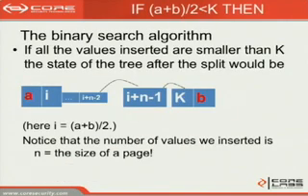In the event that K is larger than (A plus B) divided by 2, and we make inserts (A plus B) divided by 2, plus 1, plus 2, plus 3, and so forth, we will eventually split the node, and the node will be split in this way. This is the case 1 I mentioned before, and if you recall, the new leaf created had only one value, in this case the last value inserted, which is I plus n minus 1, and the leaf on the right remains unchanged.